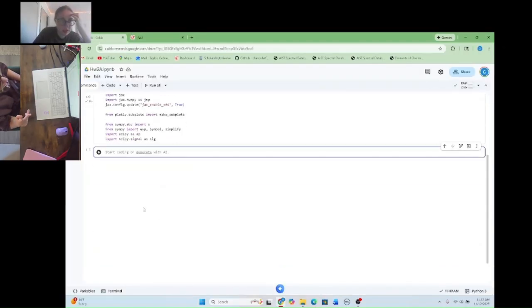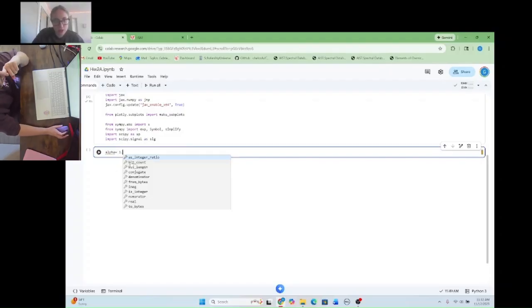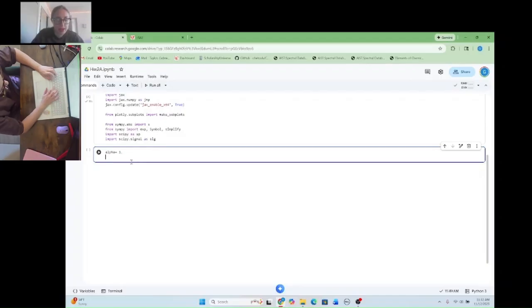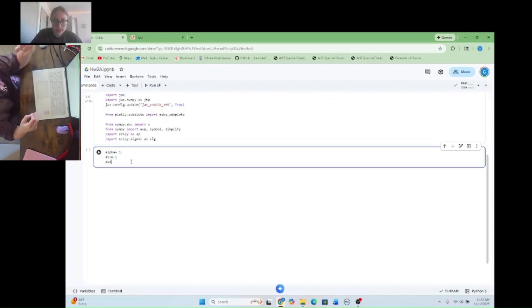So we have all this stuff in here, and what we wanted to add to this is, let's do our alpha. Alpha is going to be 1, and then our dt is going to be 0.1, and our dt is pretty much the length of our time step. And then dx is how much is the width of that bar, which is 0.5.